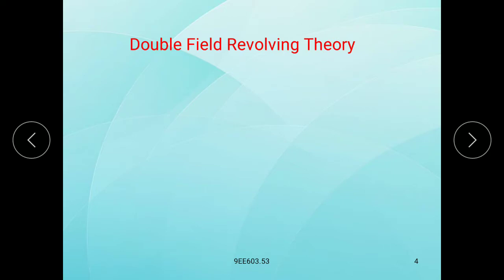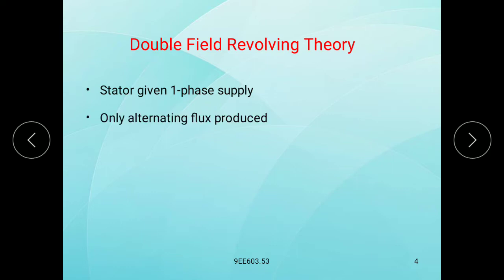Now, double field revolving theory: when a single phase supply is given, only an alternating flux is produced.